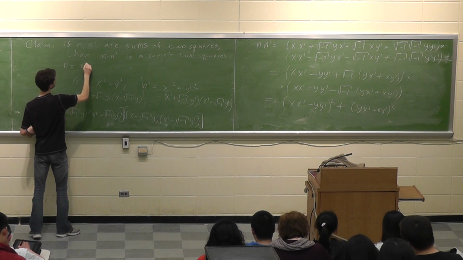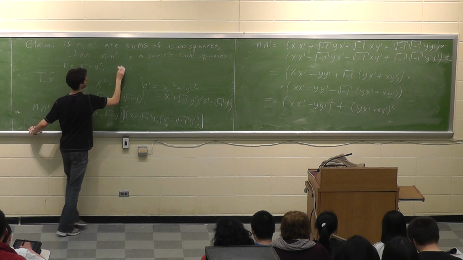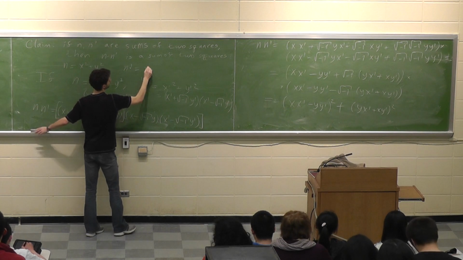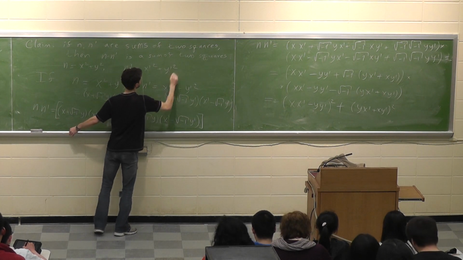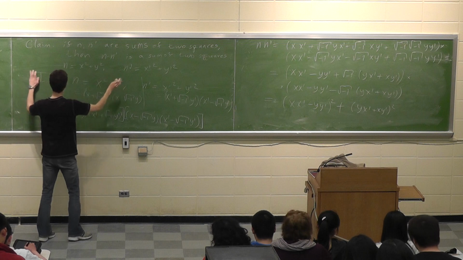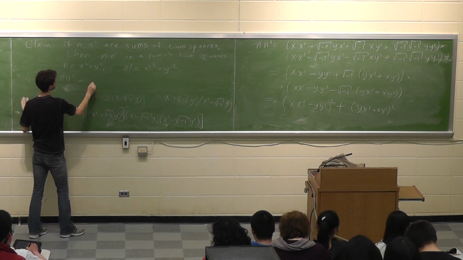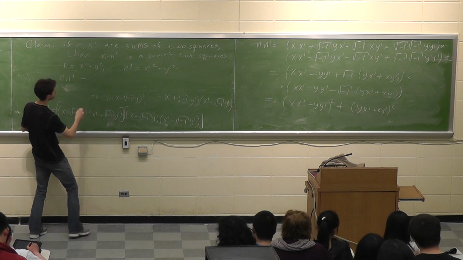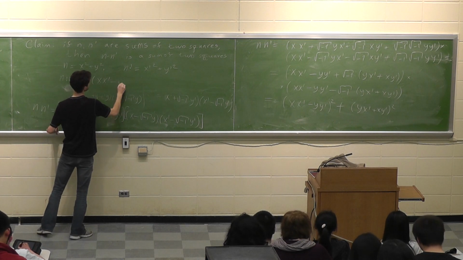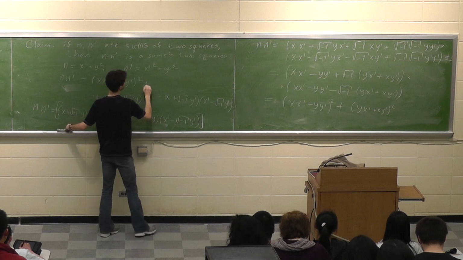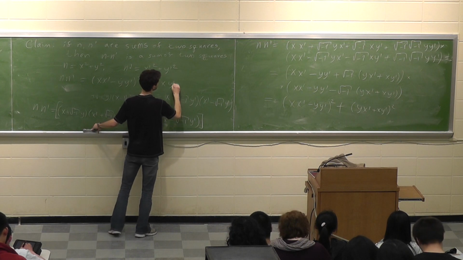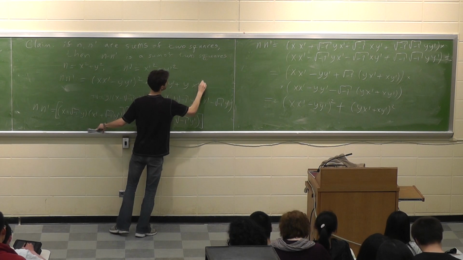And the formula is like this. So we have these equalities, then you know that n times n prime is this thing: x x prime minus y y prime squared plus x y prime plus y x prime squared.